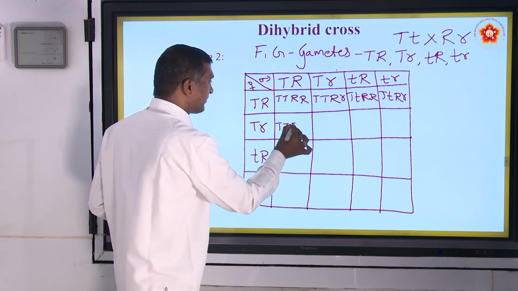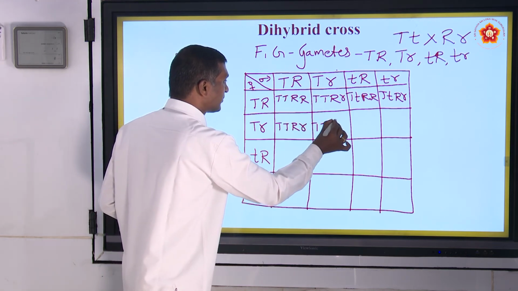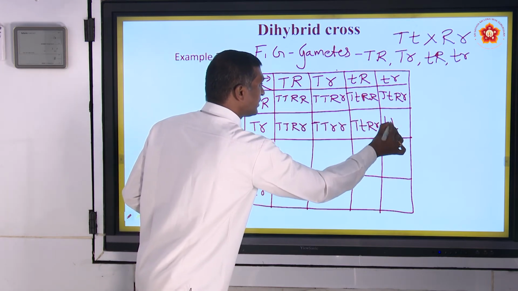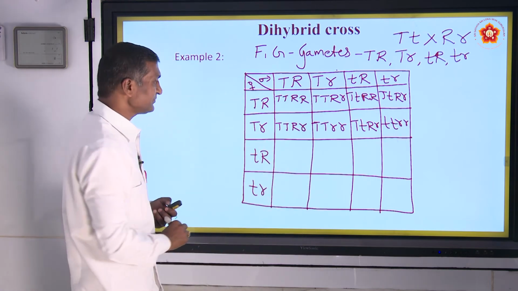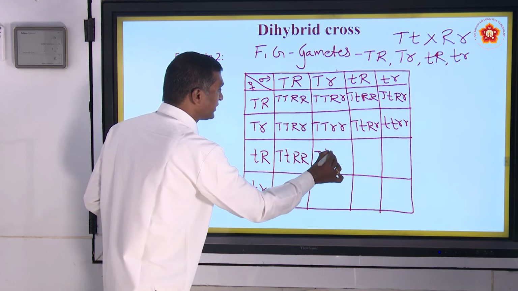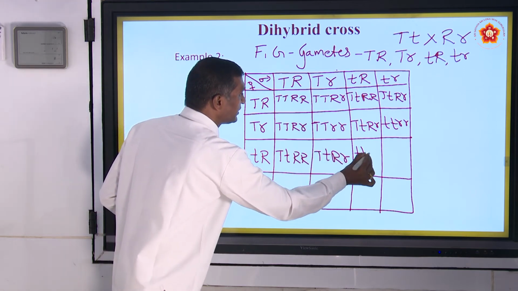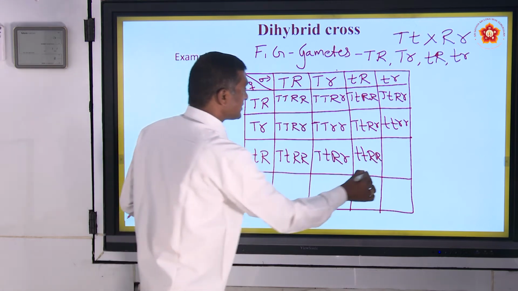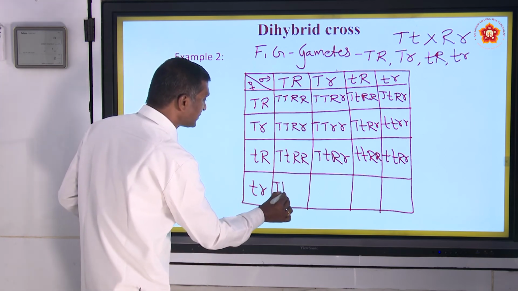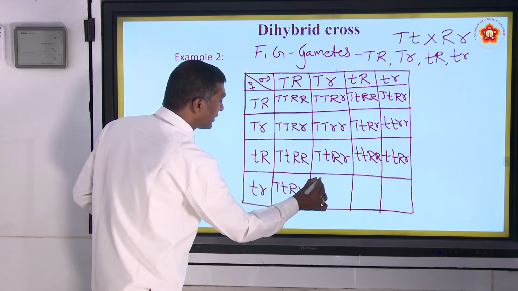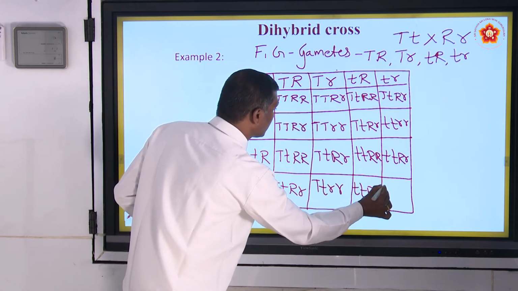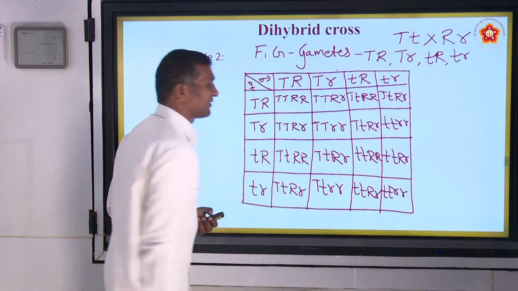Capital T, capital T, capital R, small r, capital T, capital T, small r, small r, capital T, small t, capital R, small r, small t, small t, small r, small r. Again capital T, small t, capital R, capital R, capital T, small t, capital R, small r, small t, small t, capital R, capital R, small t, small t, capital R, small r. Again capital T, small t, capital R, small r, capital T, small t, small r, small r, small t, small t, capital R, small r, small t, small t, small r, small r.